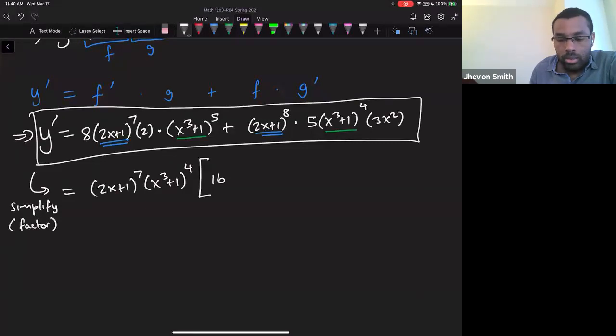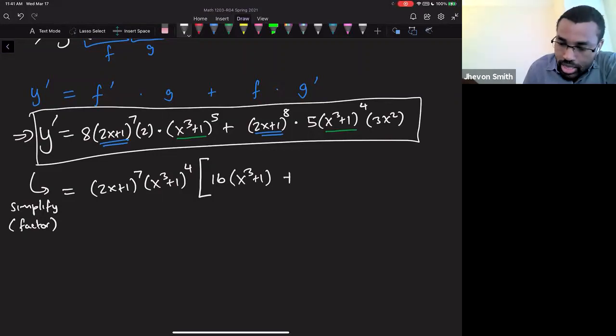Anything else? x cubed plus 1, right? So there were 7 factors of the 2x plus 1, and I took out all 7. There were 5 factors of the x cubed plus 1, and I took out 4 of them. So there's 1 factor left. You subtract the powers when you pull them out. So that's pre-calc. So we know that.